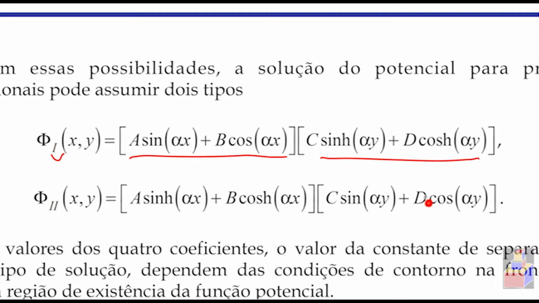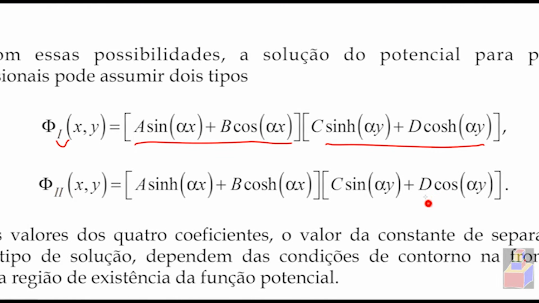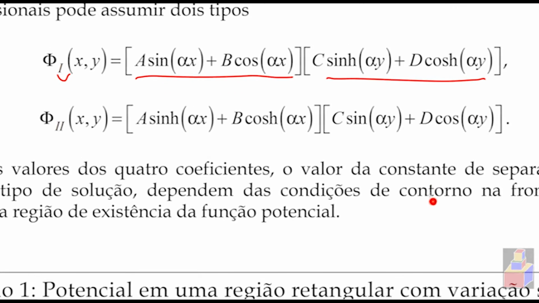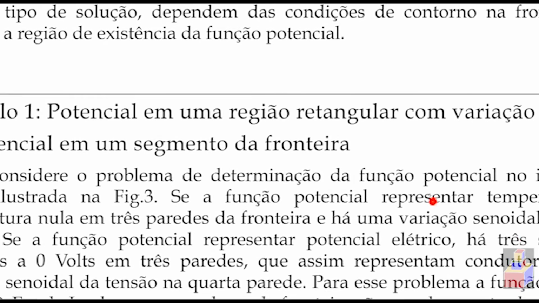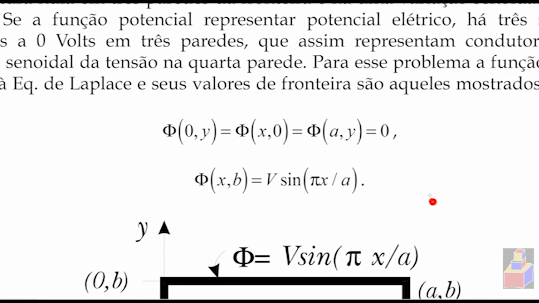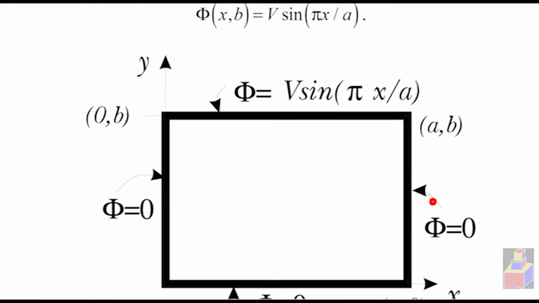So let's make one simple example to see how we can solve a real problem of the potential determination in a two-dimensional domain, where the boundaries of the domain are subjected to boundary conditions. Let's say, for instance, we have a square region, right?